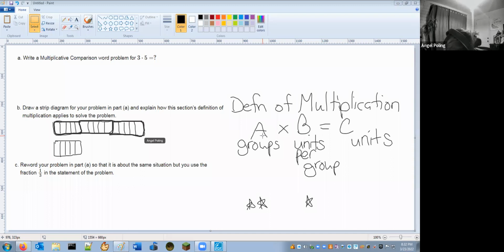And we could have used numbers here, right? We used more of a number line looking strip diagram, but we could have also just stuck a 5 inside of the box.